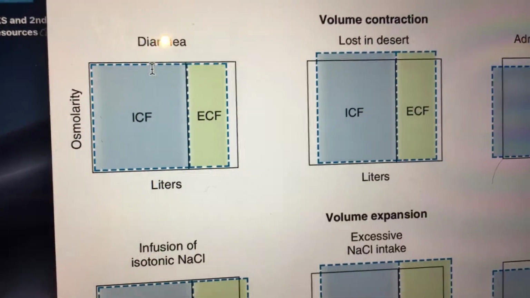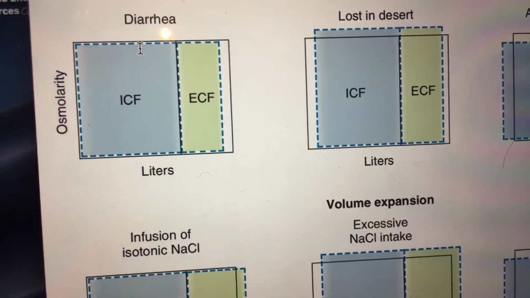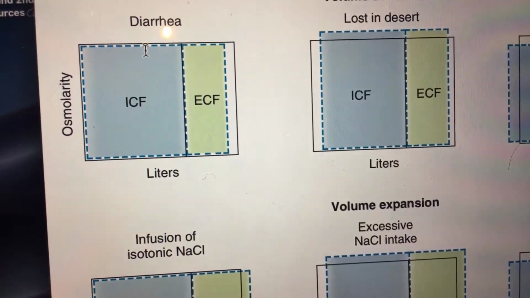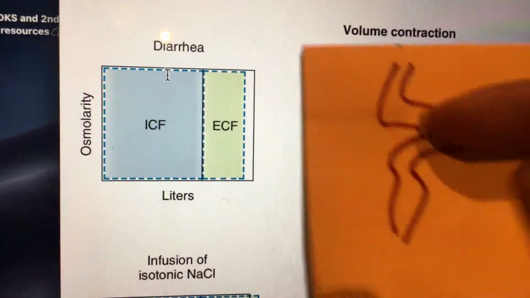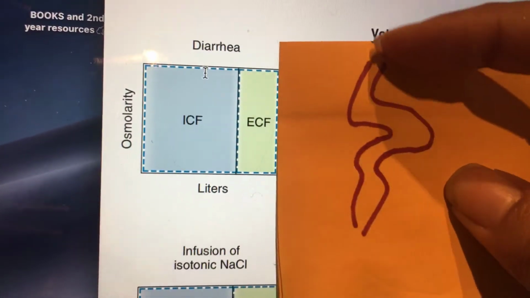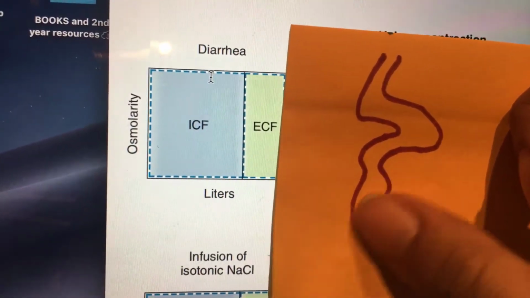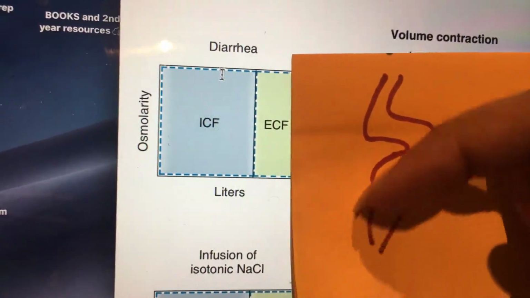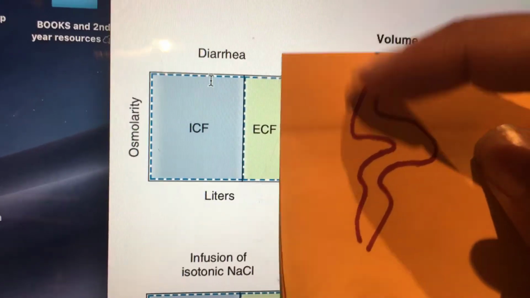You're losing everything, because you're excreting the stuff out. This is your GI tract, let's say, and here's your excretory system. Diarrhea is sort of this way, and vomiting is this way.